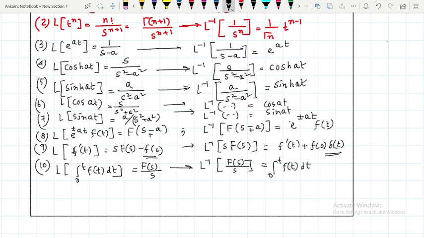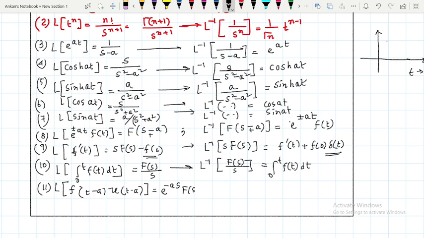Again, you can prove that the Laplace transform of f(t minus a) u(t minus a) is e^(-as) F(s), where u is the unit step function, that is, its value is 0 for t less than a and 1 for t greater than a.